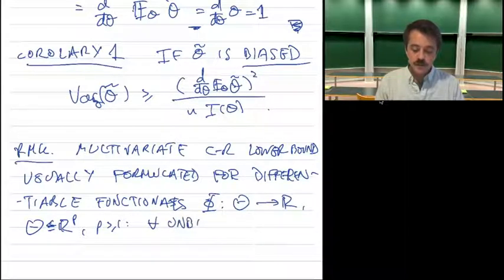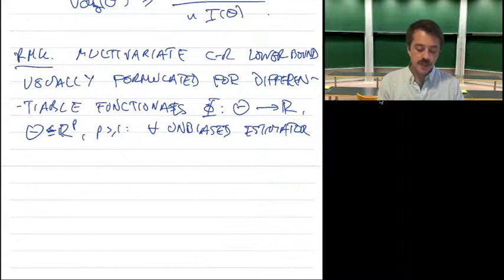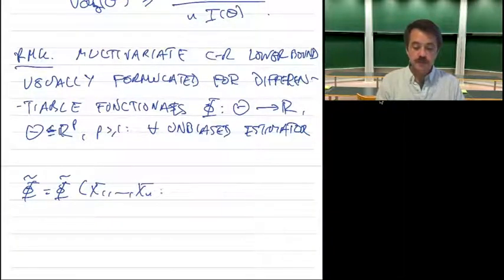Okay, so then what we get is that for all unbiased estimators, I'm going to call this capital Phi tilde, and this is now a function of the data, of course, because it is an estimator, so it's a measurable function of the data, but then also of the parameter of interest.